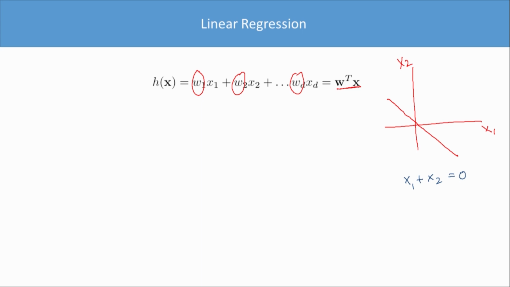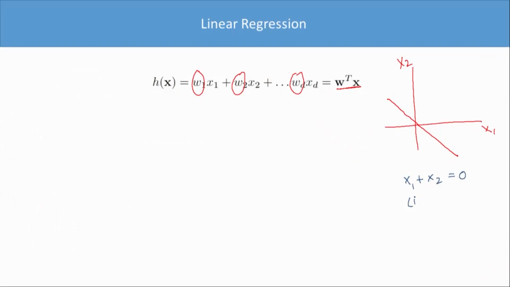So that is the equation of this line. So this is one way to look at this. The other way that we'll look at, which is easier when you go to higher dimensions, is a simpler way to look at this, which is I'm just going to say this is 1 into x1 plus 1 into x2 is 0.